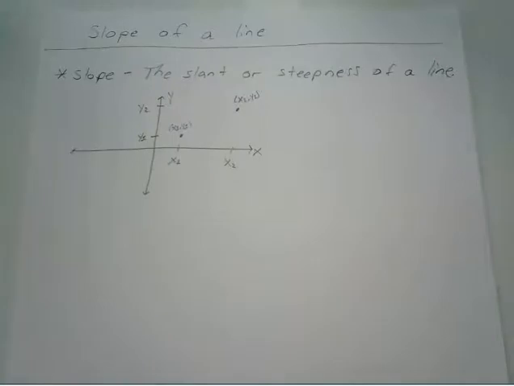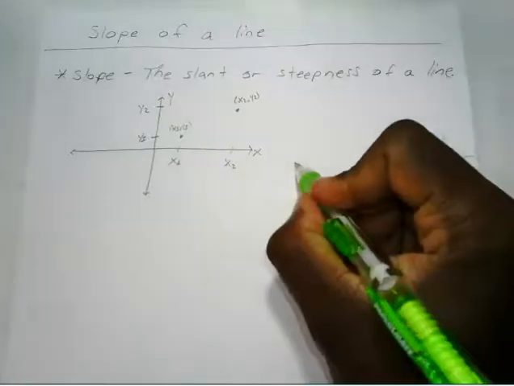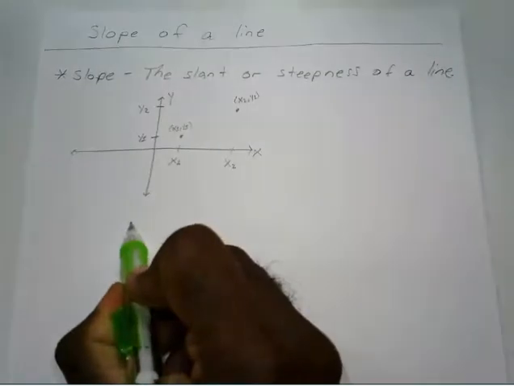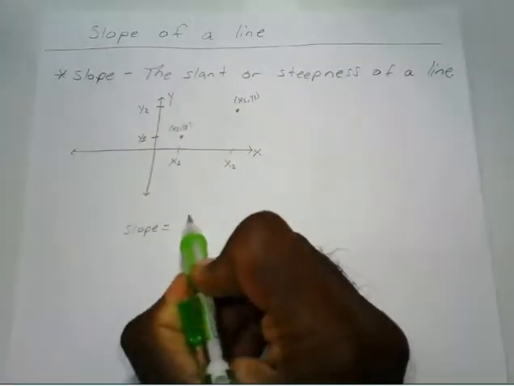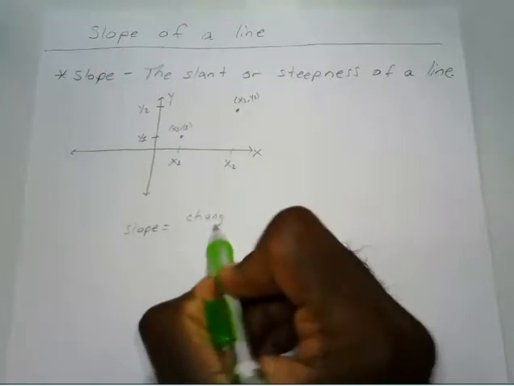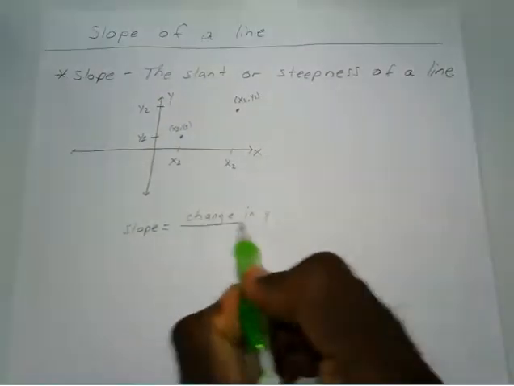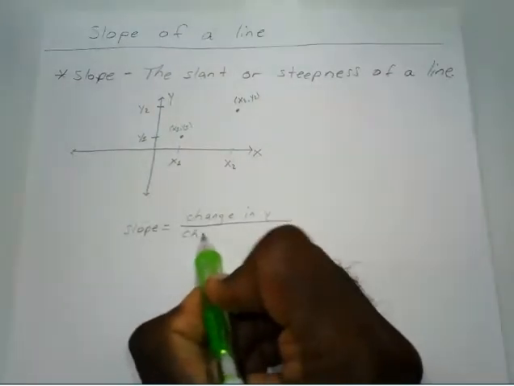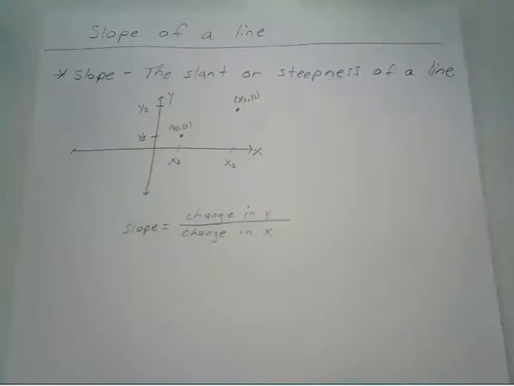Now one way to find your slope, and I'll put it underneath here, is to find your change in your y value over your change in your x value.